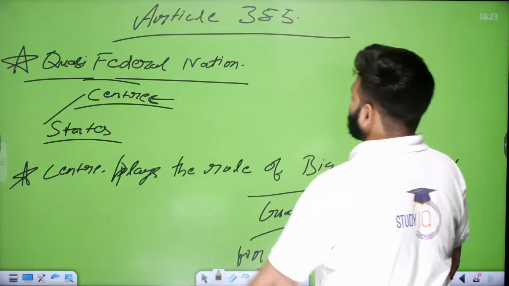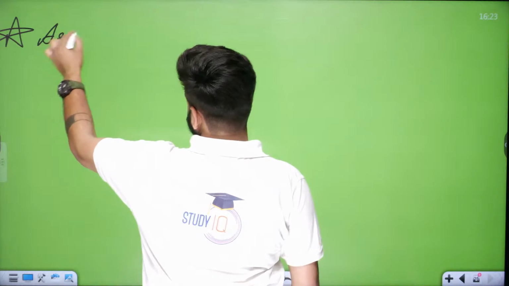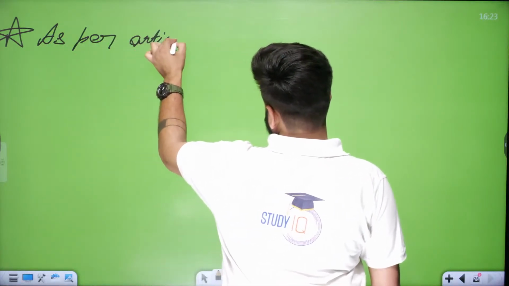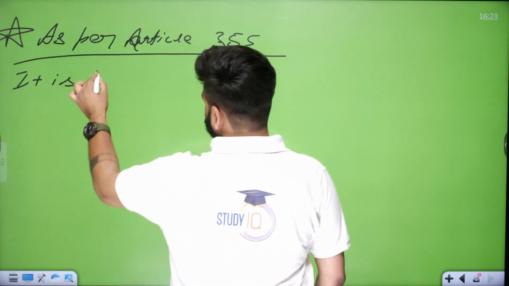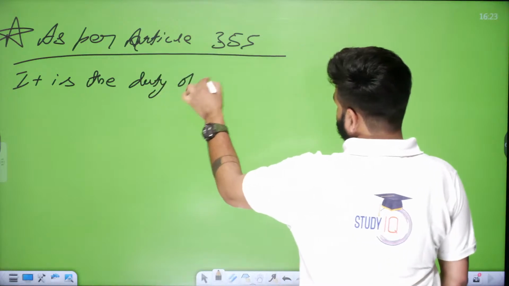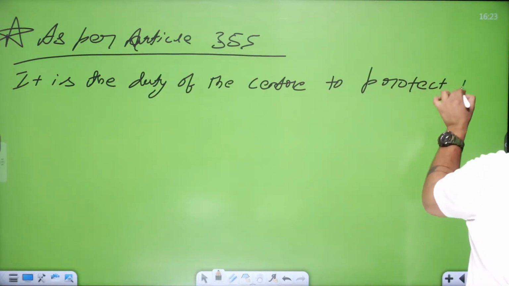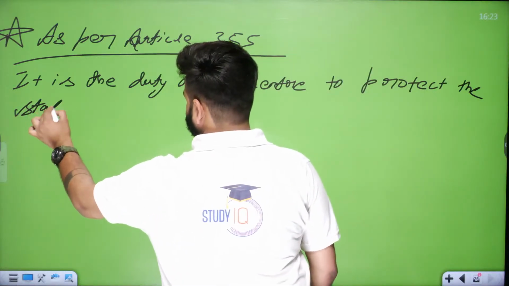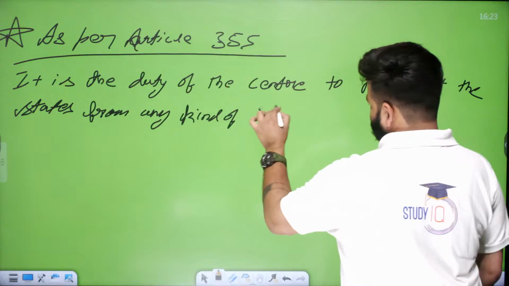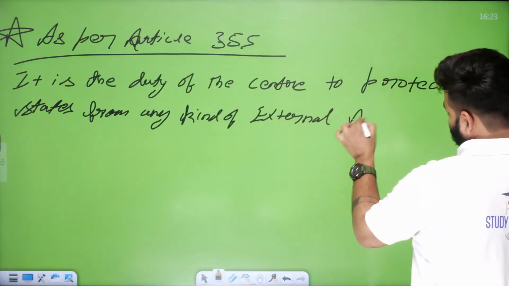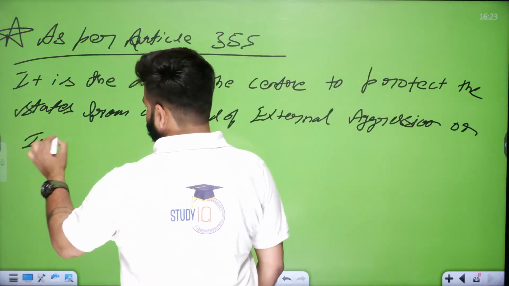Now talking about Article 355. As per Article 355, it is the duty of the center, being the big brother or the guardian, to protect the states from any kind of external aggression or even internal disturbances.